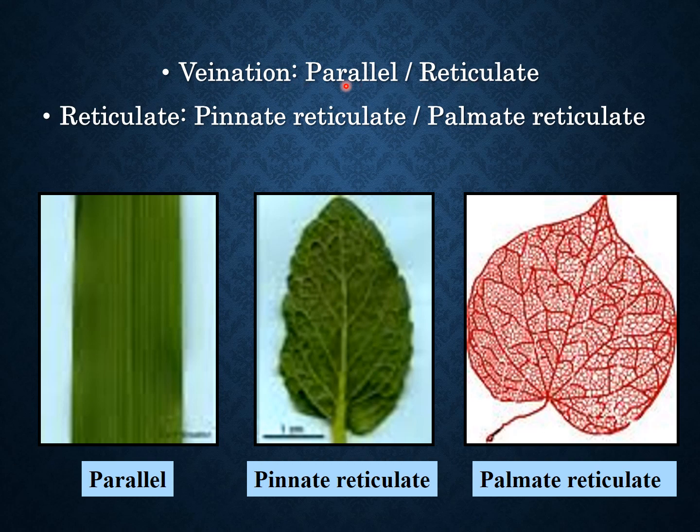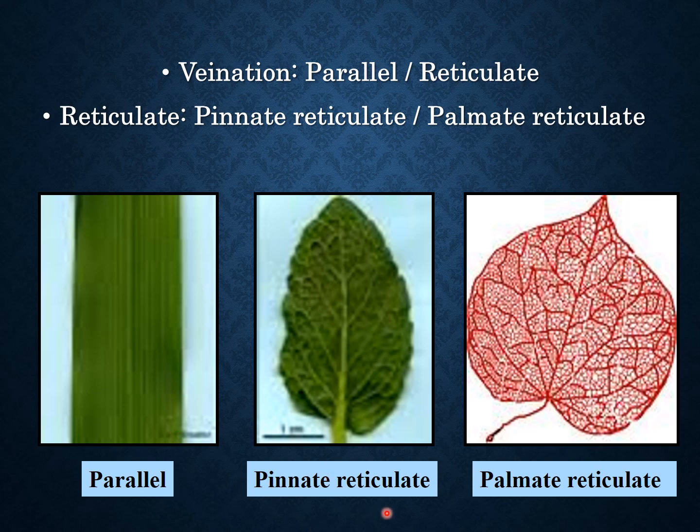Venation. Parallel venation and reticulate venation we have discussed; here we will discuss them again. Parallel venation means the midrib is not clearly observed and all the veins are parallel to each other.